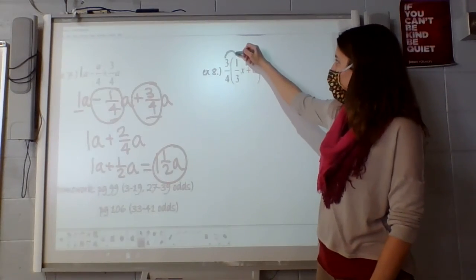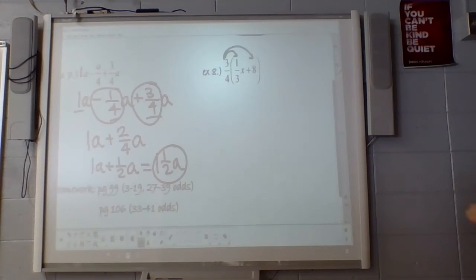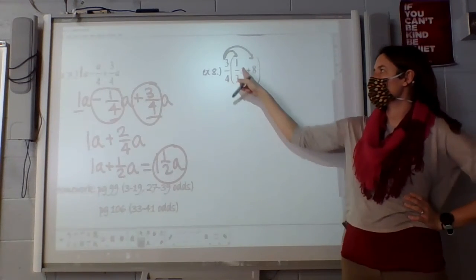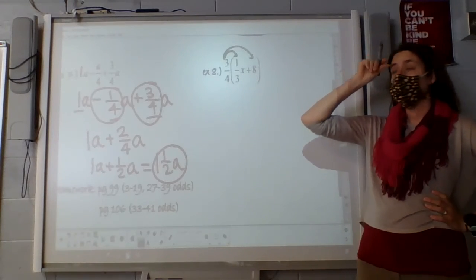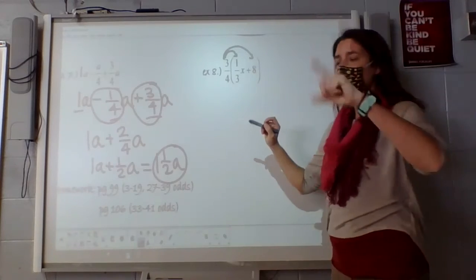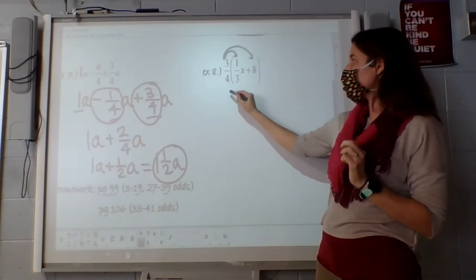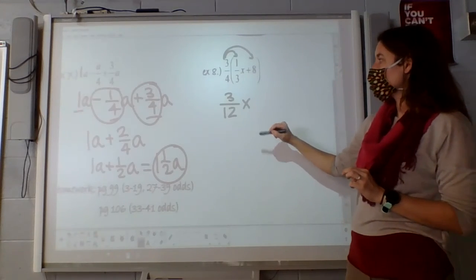I have to distribute this 3/4 in. So that means I have to multiply it. These two are right next to each other, so they work out really nice. What's it? It would come out as 1/4 x. Yeah, it comes out as 1/4. And let me show you why, in case you can cross cancel. Otherwise, this is 3 over 12 x.